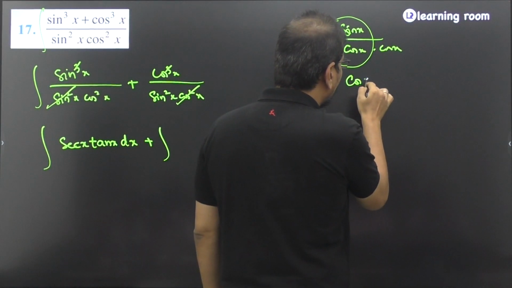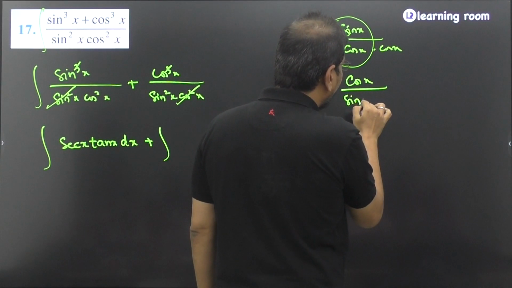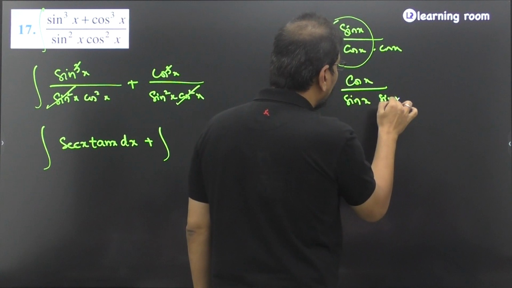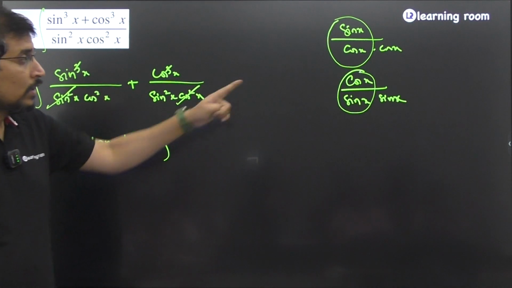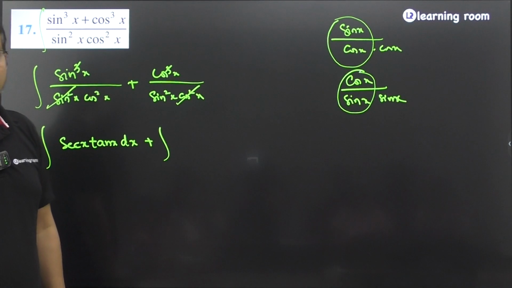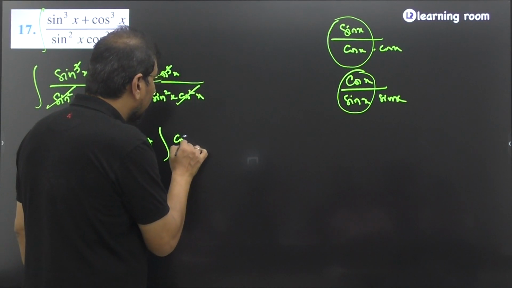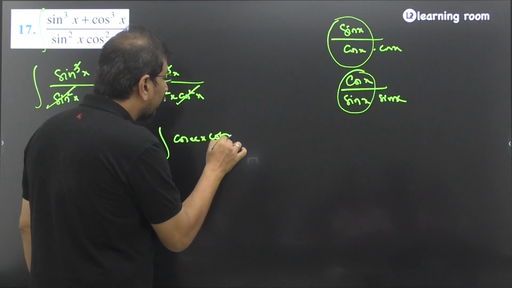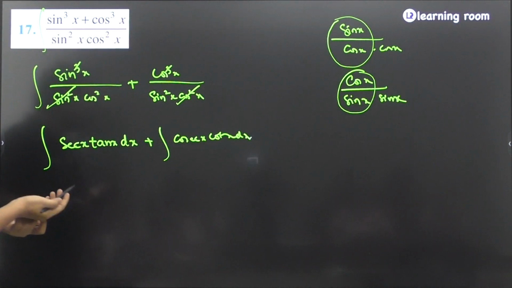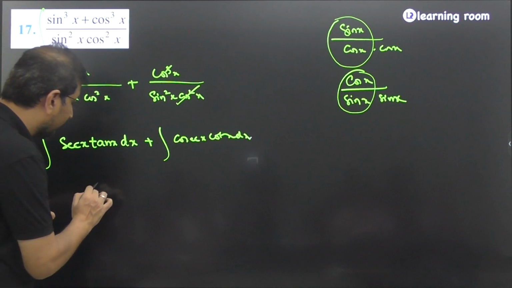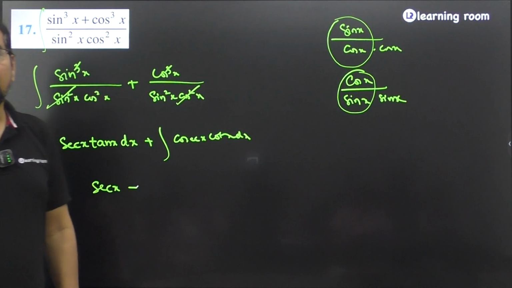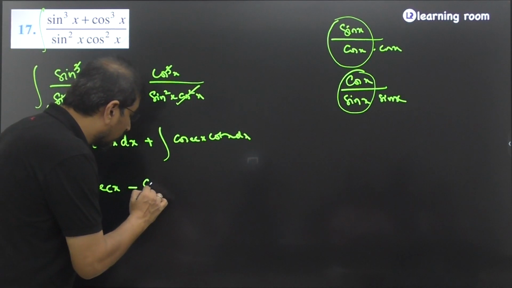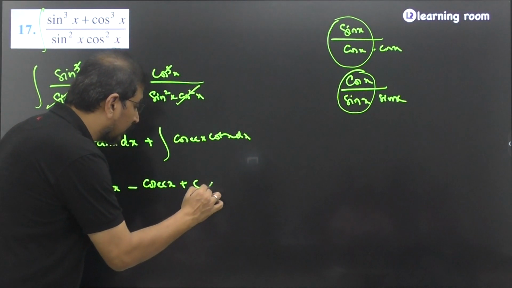I will write it as cos x by sin x into sin x. Cos x by sin x is cot x, and 1 by sin x is cosecant x. So you will have cosecant x cot x dx. So what is the answer for the integral of secant x tan x? It is secant x, and the integral of cosecant x cot x is minus cosecant x plus c. That's the answer.